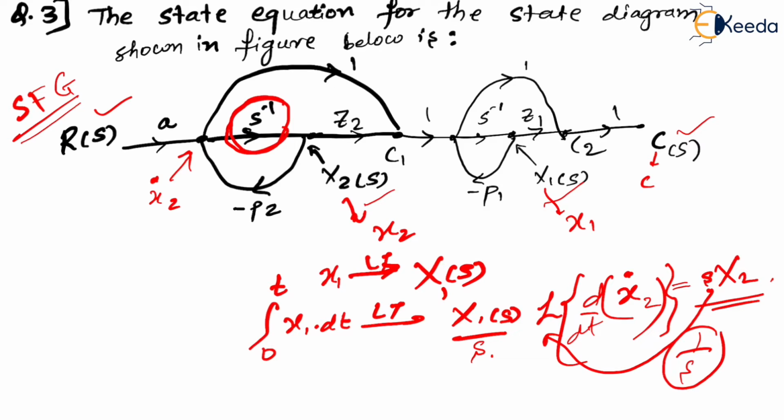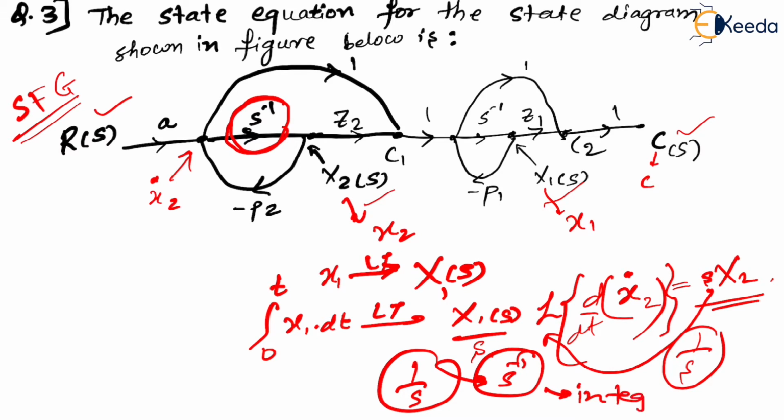Getting my point, right? Which means 1 by s is an integration term. So 1 by s, also called s inverse, is nothing but an integrator. So the moment you integrate this x2 dot, you get x2.